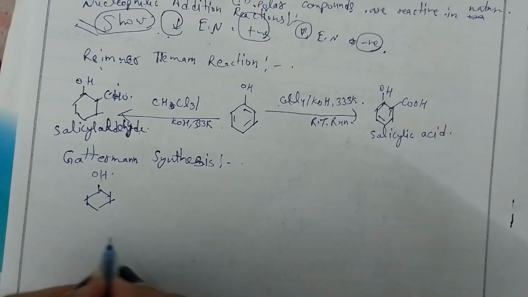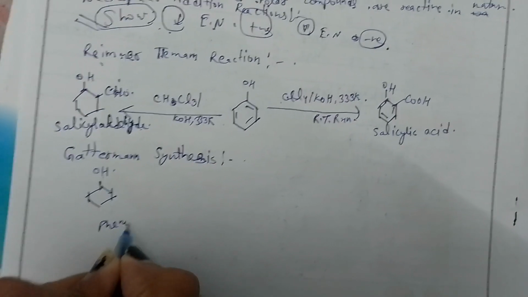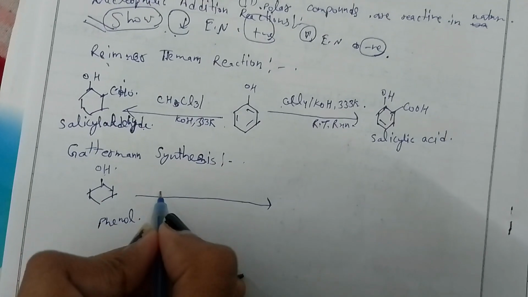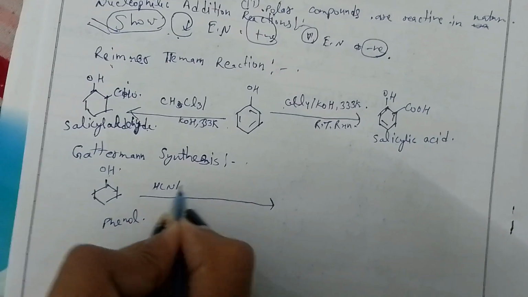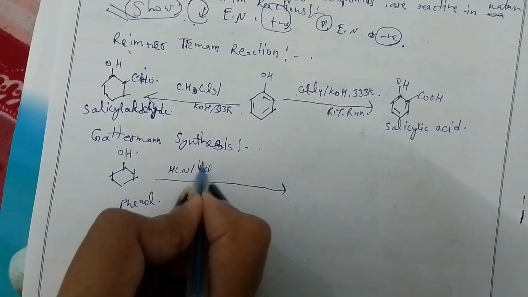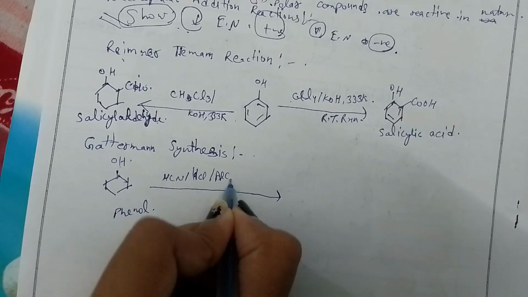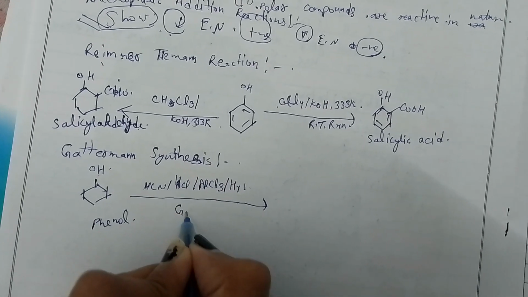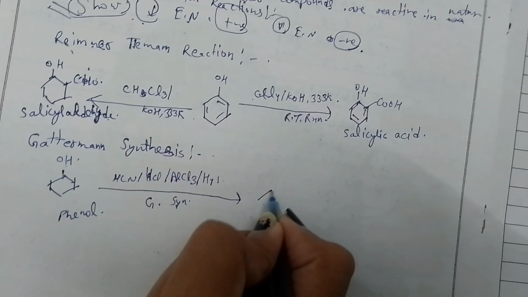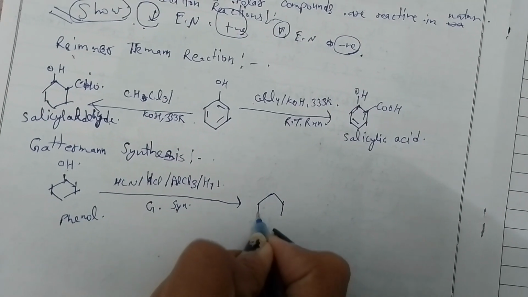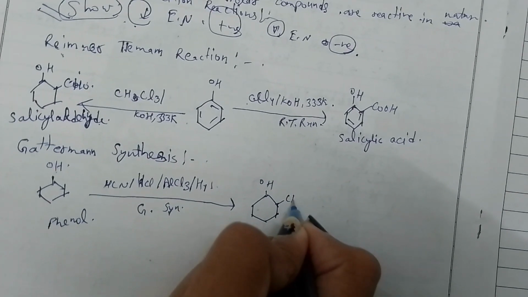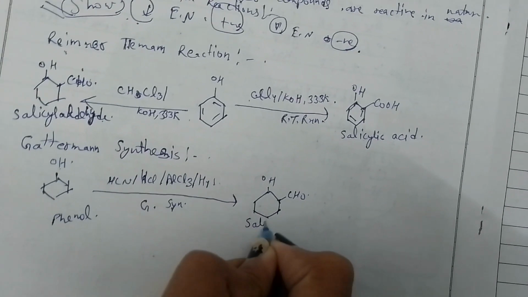Here phenol is changing to salicylaldehyde in the presence of HCN, HCl, AlCl3 and hydrolysis, and this is the Gattermann synthesis. Now we will see the product. Here we will see OH and CHO, that is salicylaldehyde.